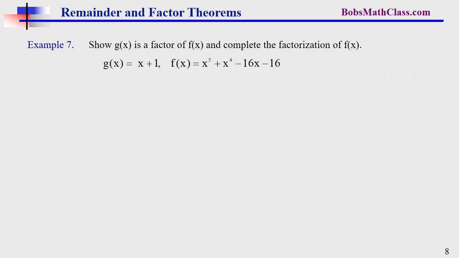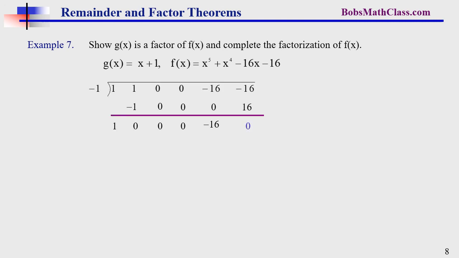All right, let's do one last problem here. Let's go ahead and do the synthetic division. Okay, now be careful with this one. Notice that it's skipping some terms, or some terms are missing.